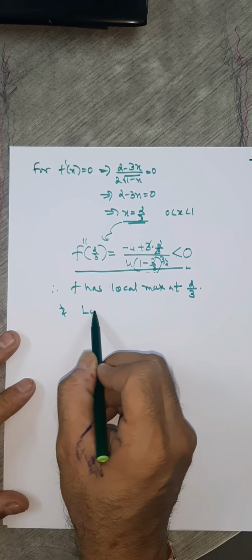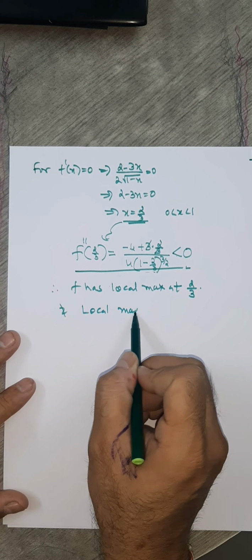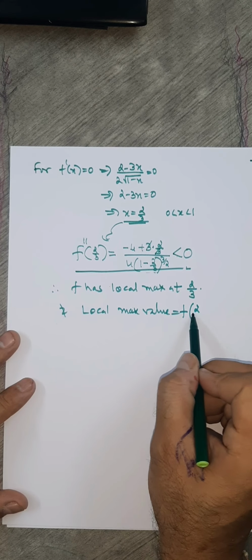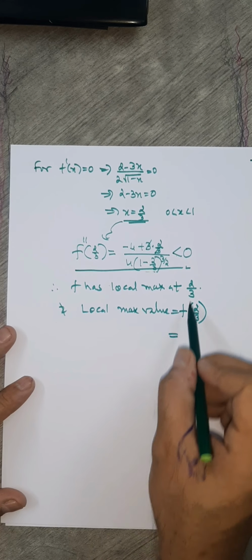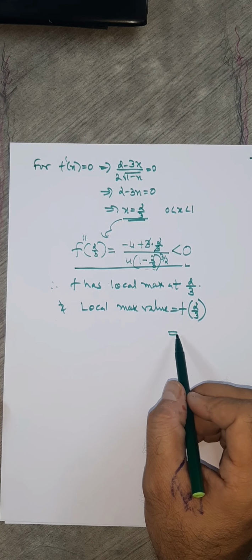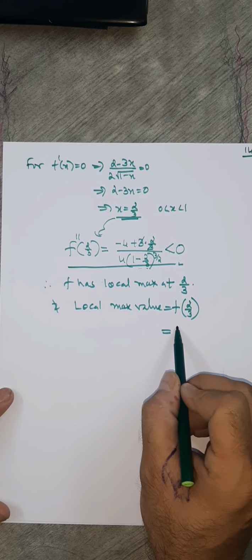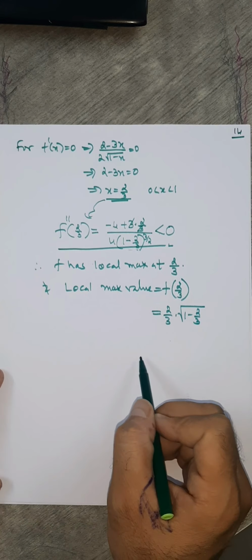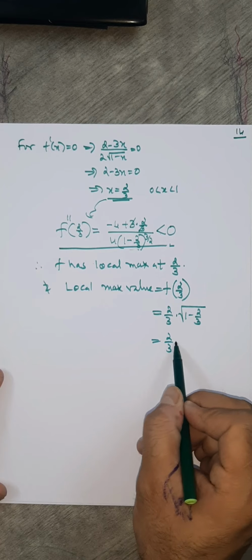And the local maximum value equals f of 2 by 3. Put x equals 2 by 3 in the function. So what is the function here? That is x, which is 2 by 3 into root of 1 minus 2 by 3. So it will be 2 by 3 into how much?